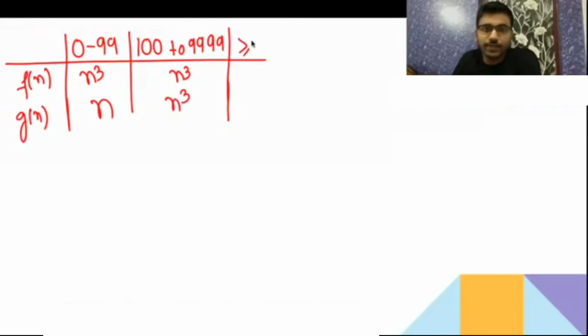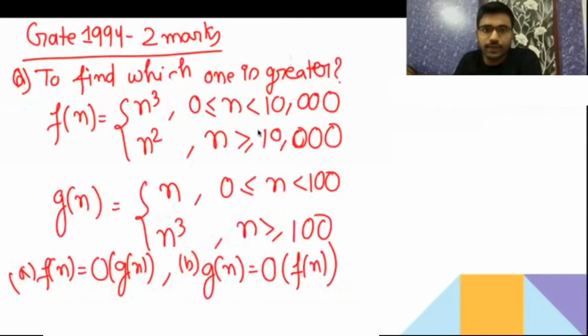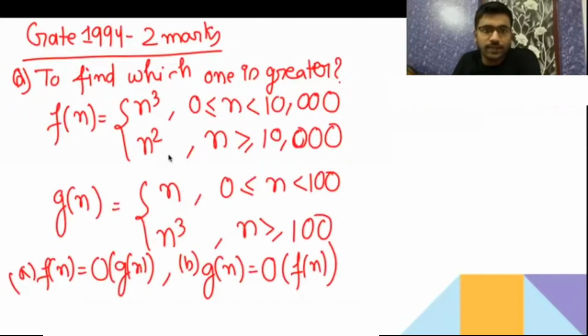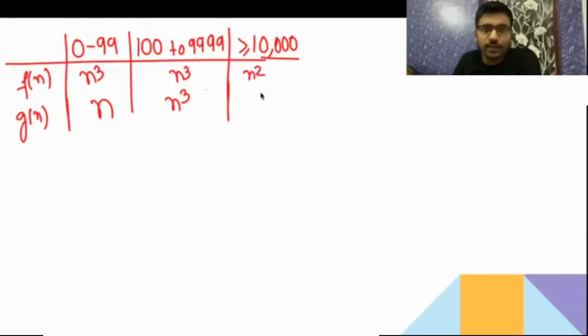Now for n greater than or equal to 10,000, Fn is n square and Gn is n cube.